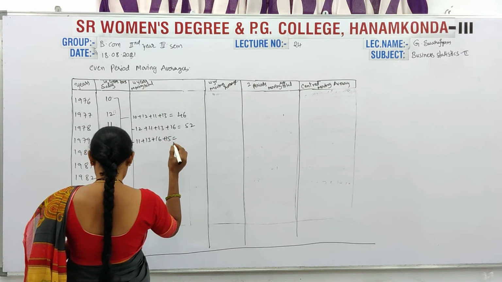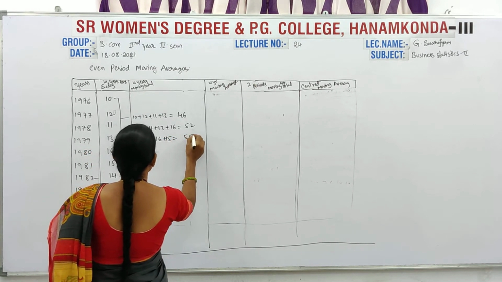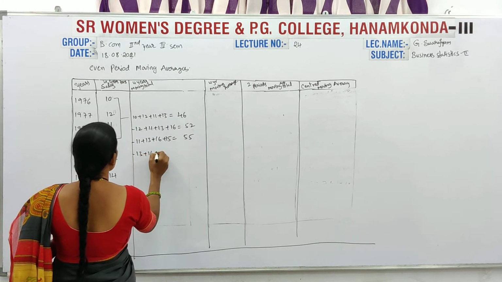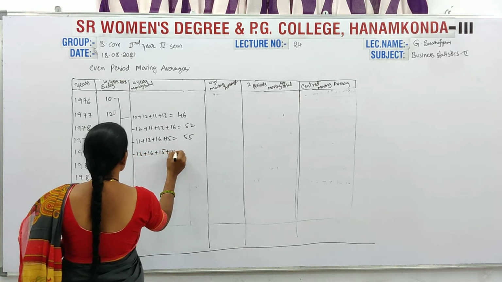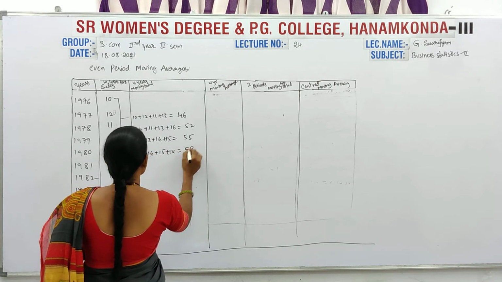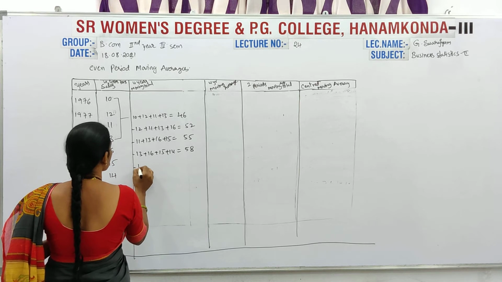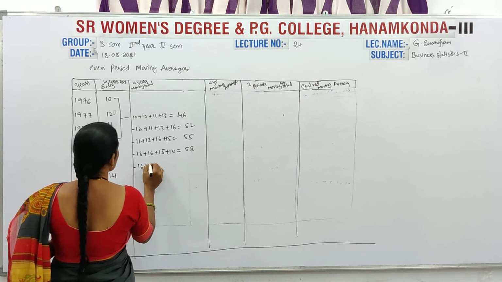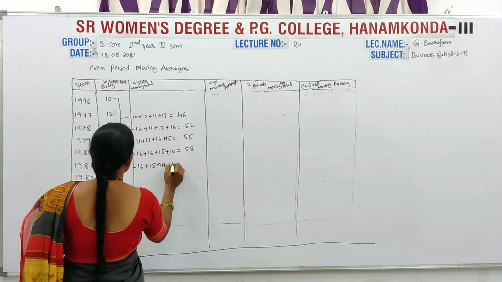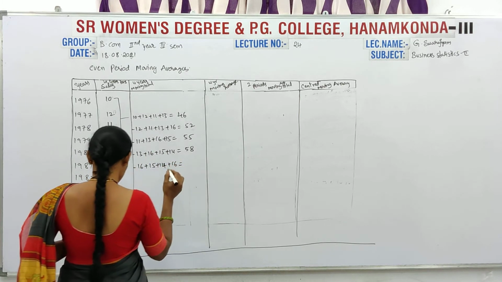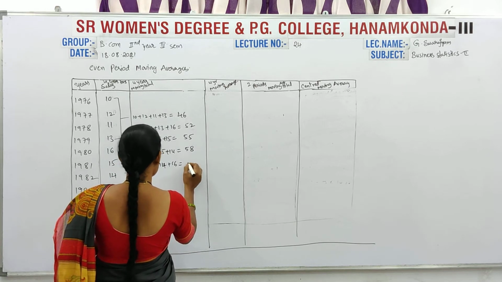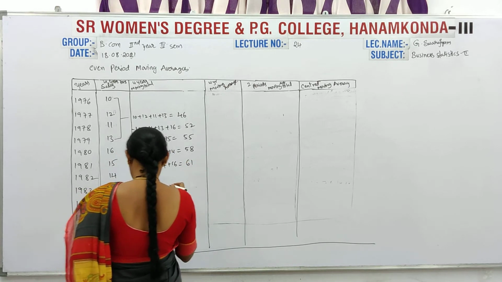The total is 55. Next, 13 plus 16 plus 15 plus 14 is 58. Next point, 16 plus 15 plus 14 plus 16, so here after 58 comes 61.